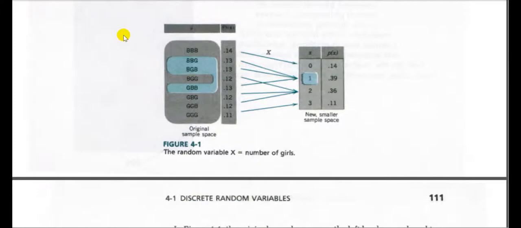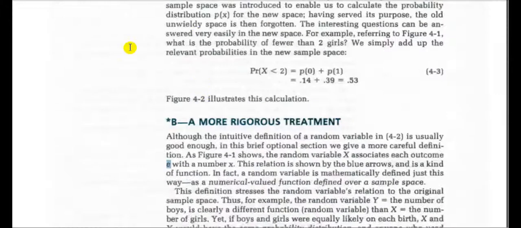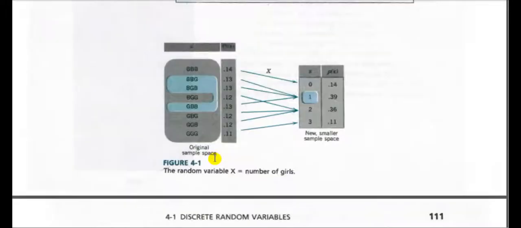So he says, as figure 4.1 shows, the random variable x associates each outcome e with a number small x. So this gets associated with 1. This also gets associated with 1.